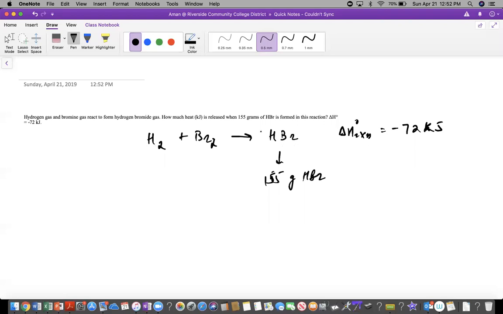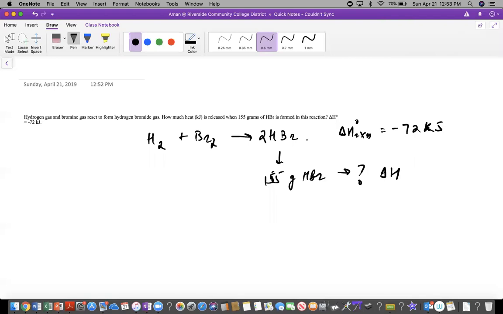You can balance this by simply putting a 2 in front of HBr. Now this is balanced. We want to find the kilojoules for 155 grams of HBr.